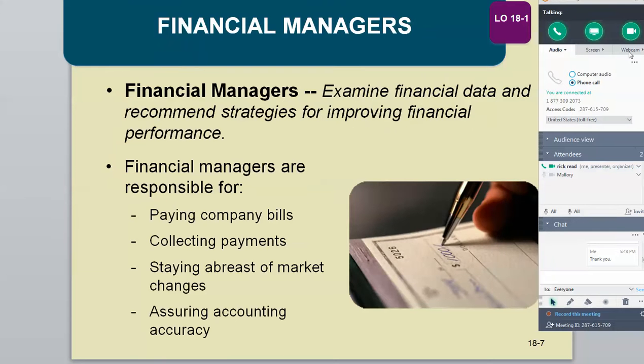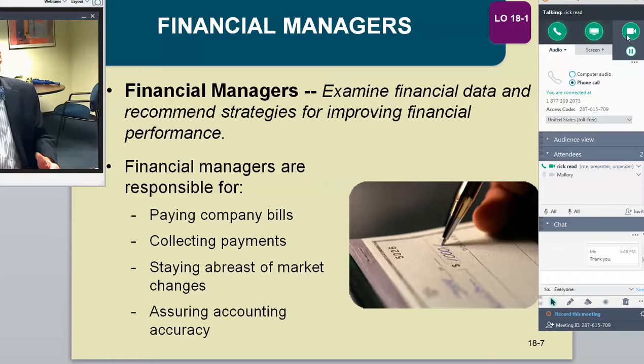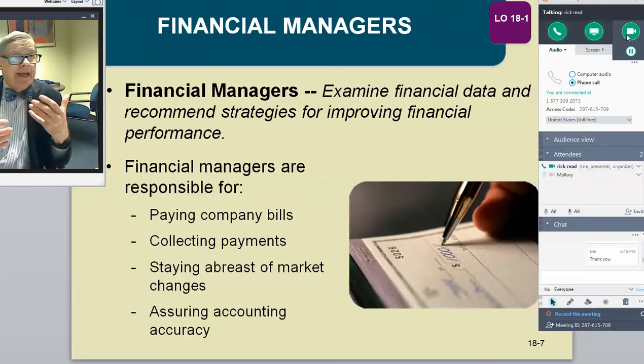This is a laundry list, if you will, of what financial managers are responsible for. Obviously, they will look at the data that they have. They'll try to analyze it and then recommend strategies for the folks that do the planning and then implementing the planning.